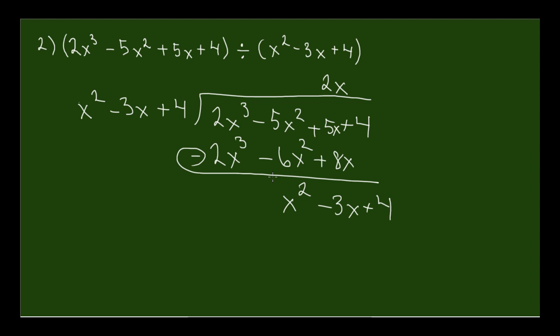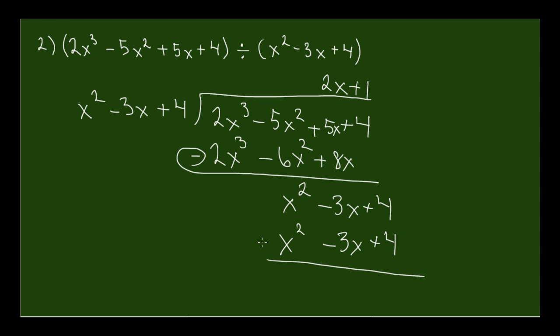Now, what do we multiply this leading coefficient here by to give us a coefficient here? Well, if we multiply by 1, it turns out that 1 times this polynomial expression right here is equal to this one right here. So we simply have 1 times x squared is x squared, 1 times a negative 3x is negative 3x, and 1 times 4 is 4.